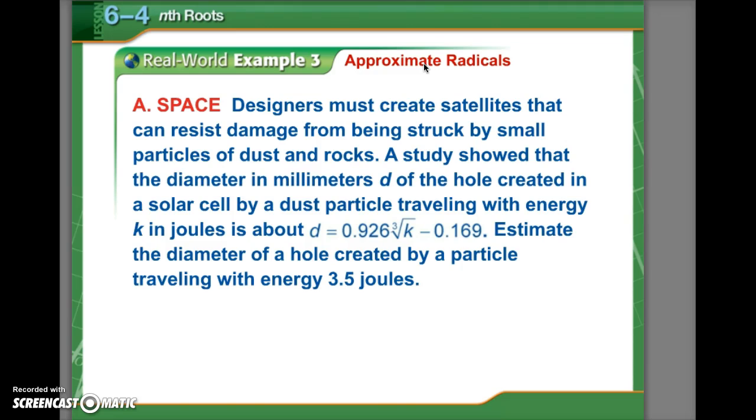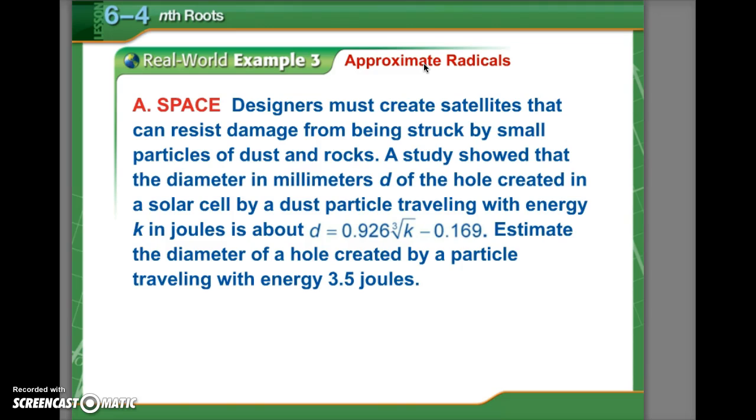A study showed that the diameter in millimeters, d, of the hole created in a solar cell by a dust particle traveling with energy k in joules is about d equals 0.926 times the third root, or the cube root, of k minus 0.169.